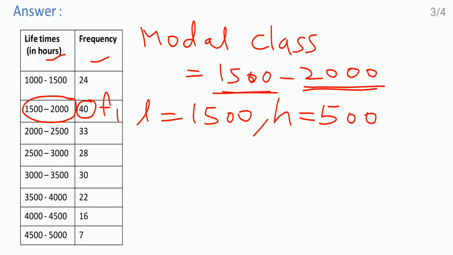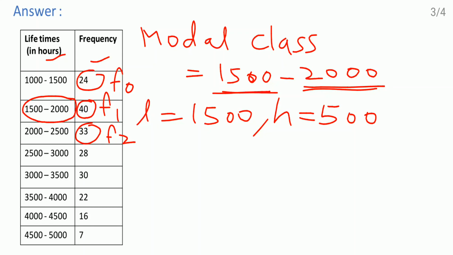Subtraction of that, it will come as 500. Now the frequency of the modal class is F1. Already we have written. Now the frequency of the previous class of the modal class is this one, 24, which we'll name as F0, and the frequency for the succeeding class is 33, which is F2.